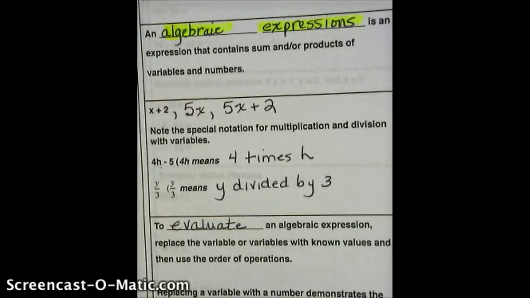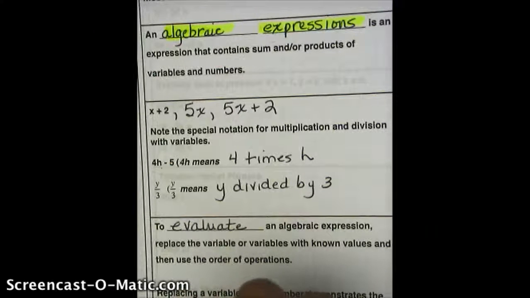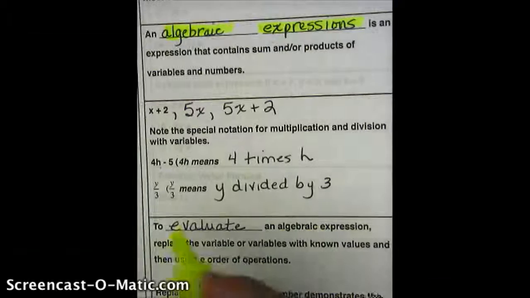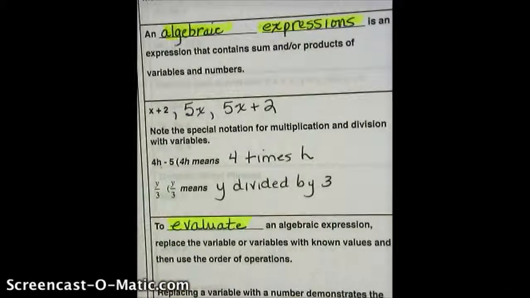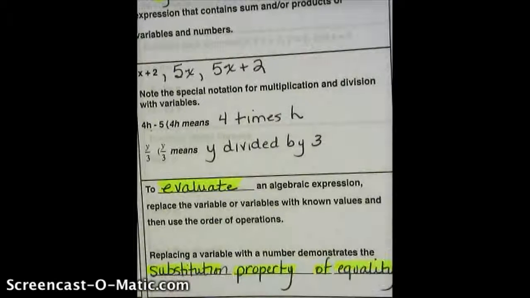When we replace a variable with a number, we are demonstrating the substitution property of equality. So we can go ahead and highlight evaluate. We need to know what evaluate means, and we can highlight the substitution property of equality.